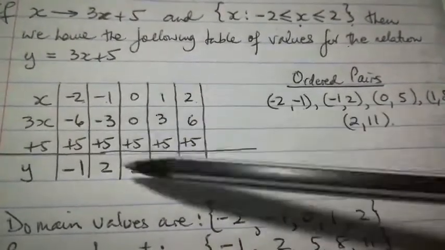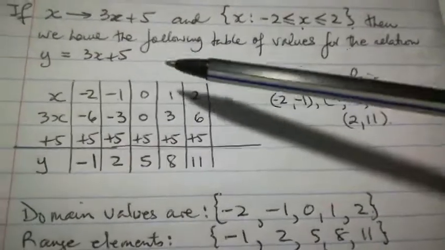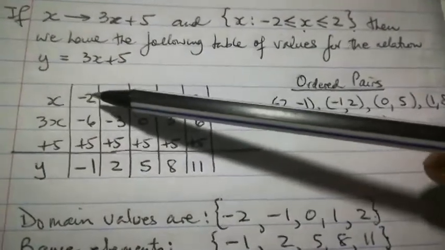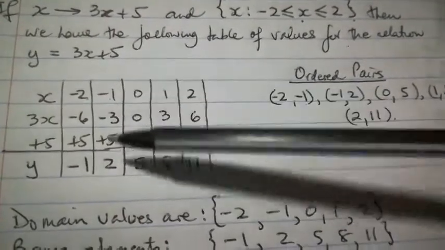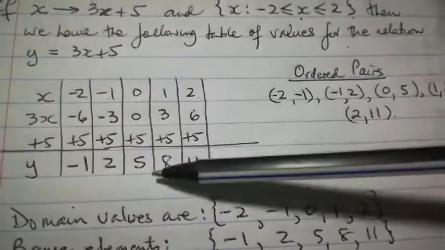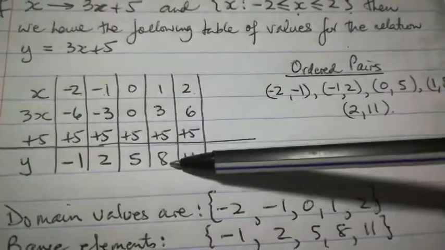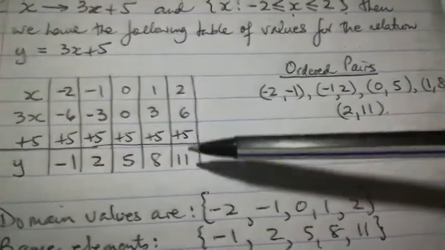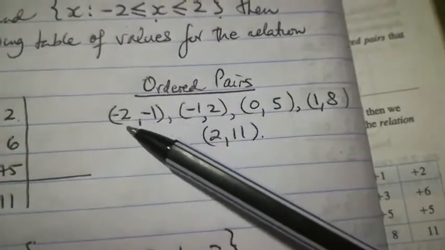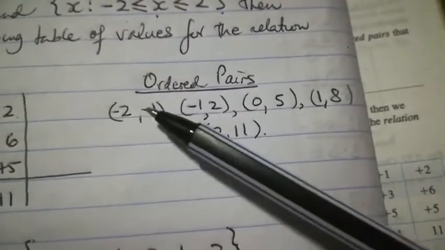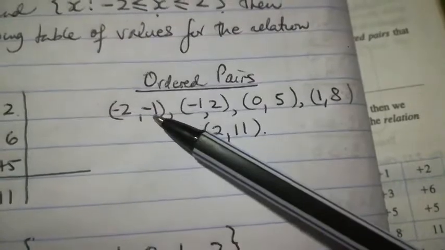As you work out the rest, you will see that the ordered pairs would be (-2, -1), (-1, 2), (0, 5), (1, 8), (2, 11). As you can see, the first digit will be x and the second digit will be y.